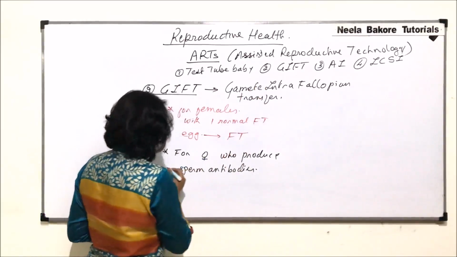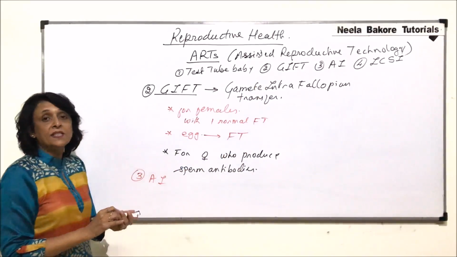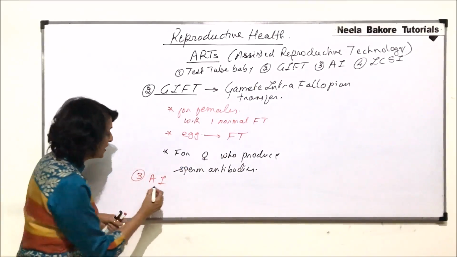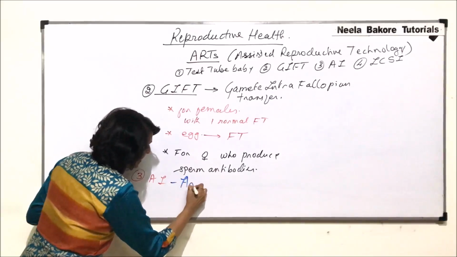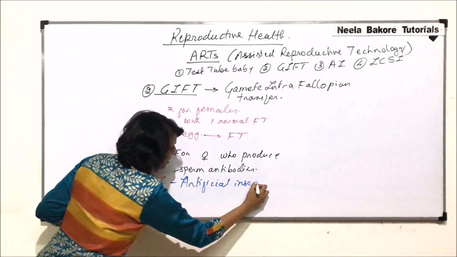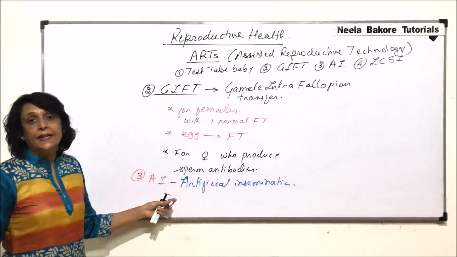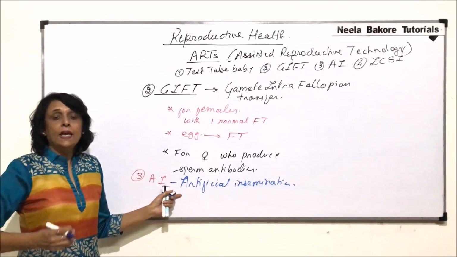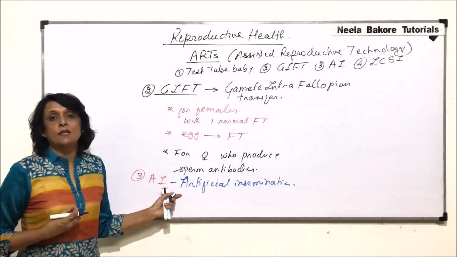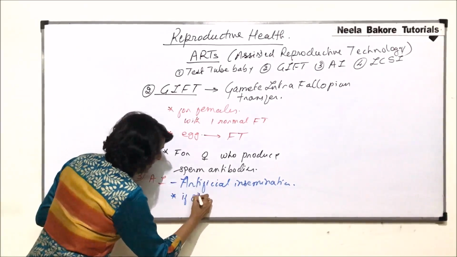The third technique on our list is AI. This is called artificial insemination. The condition where this is required is normally if the male partner is suffering from oligospermia.